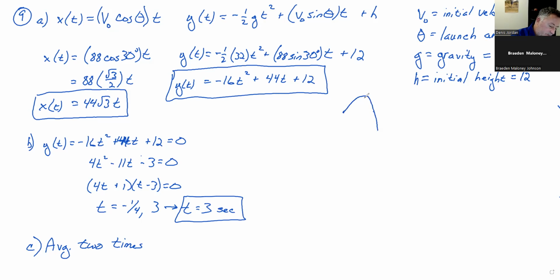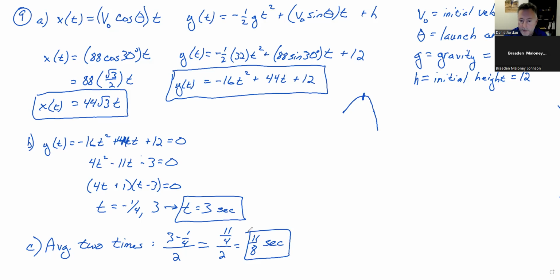So your max height is going to be in the middle of the two x-intercepts. So if you just average your 2 times, that'll tell you where it is in the middle. So 11/8 seconds.